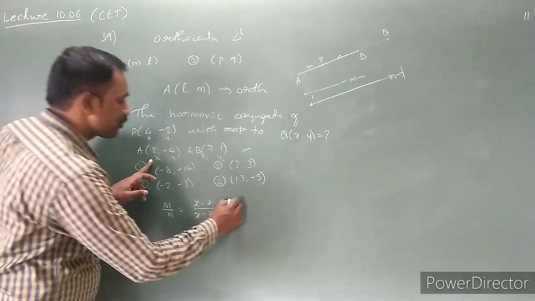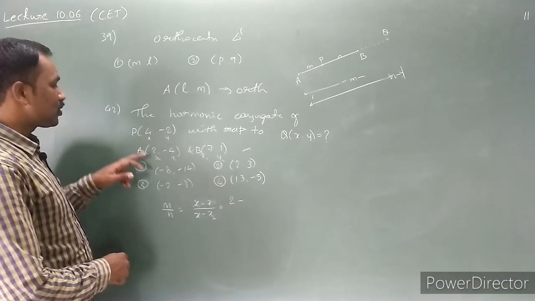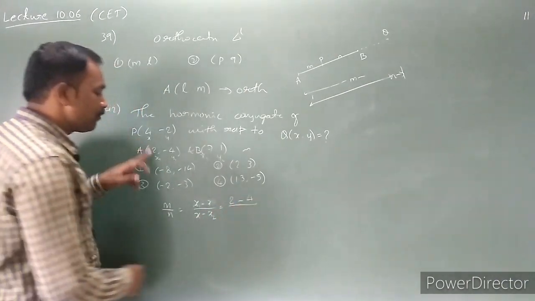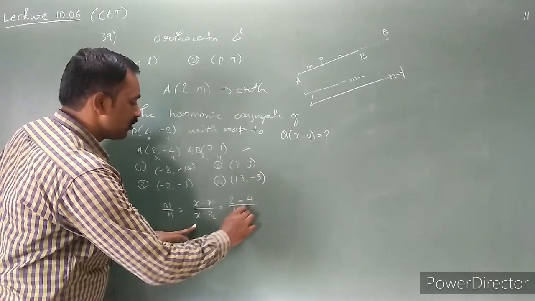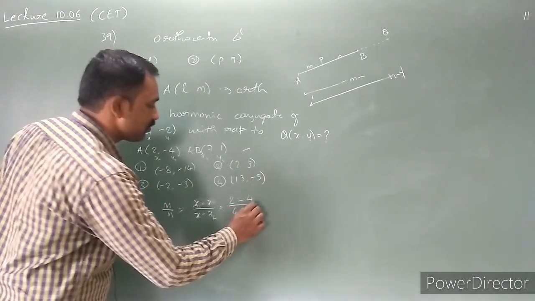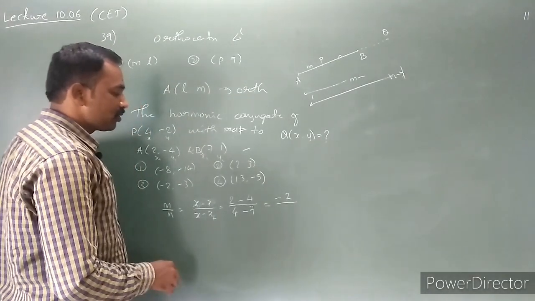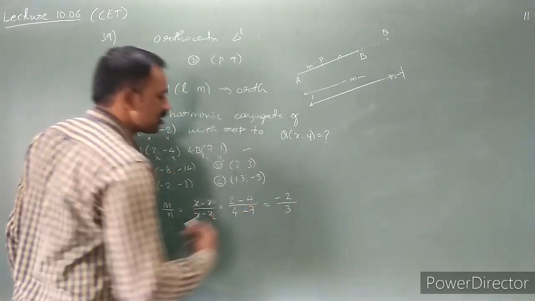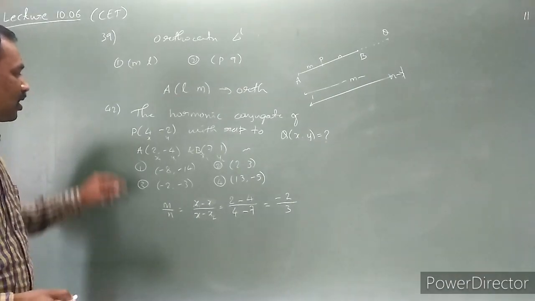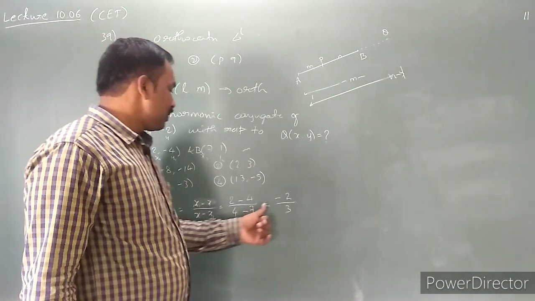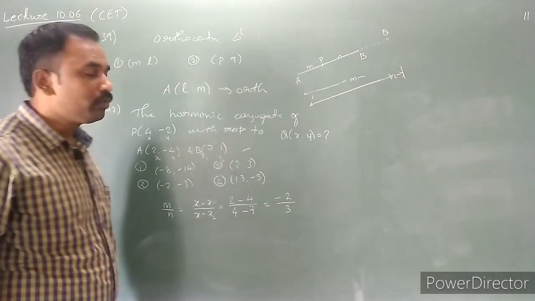The x1 value minus x value is 4, divided by x value 4 minus x2 value 7. Simplify. What will we get? Minus 2 divided by 4 minus 7, which is minus 3. That is nothing but 2 by 3, so the required ratio is minus 2 by 3.